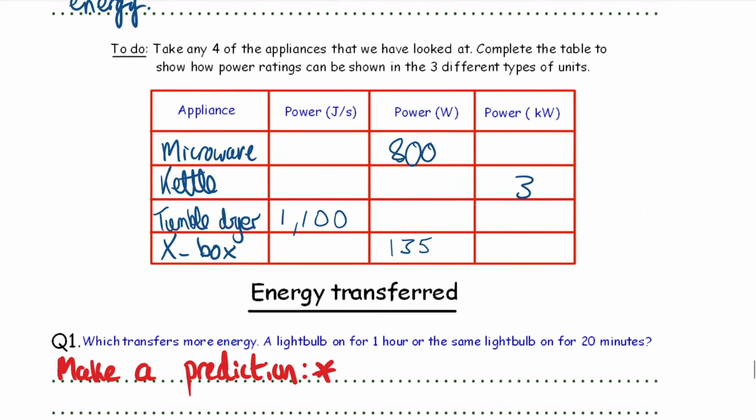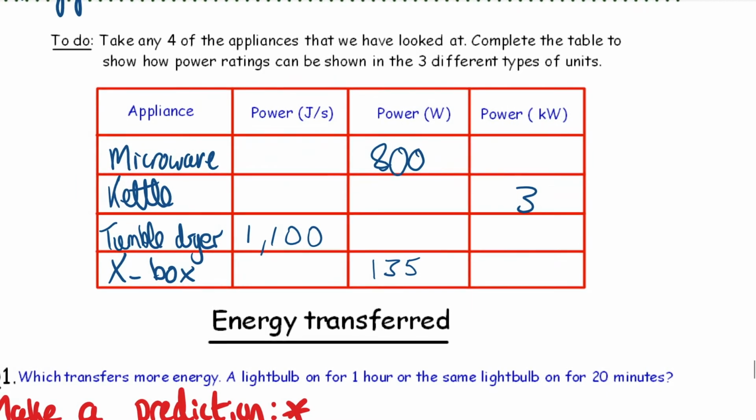Now, underneath, something for you to do, and I've made a start on it for you. Take any 4 of the appliances, and they're written down there for you: microwave, kettle, tumble dryer, Xbox. Complete the table to show how power ratings can be shown in 3 different types of units. So if I just do the microwave one for you and you do the rest.